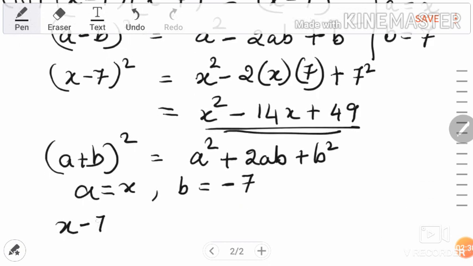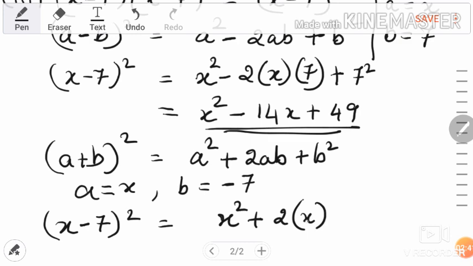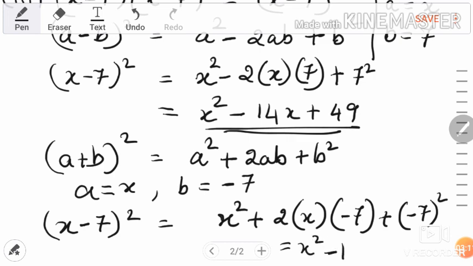So (x - 7)² will be equal to x² + 2, replacing a by its value x and b by -7 in the right side of the identity. Now simplify. This is equal to x² - 14x + 49. So we have used two different ways to find the answer to this question.